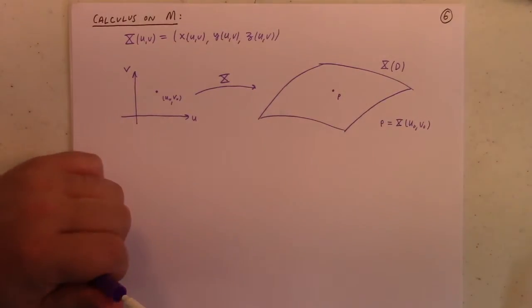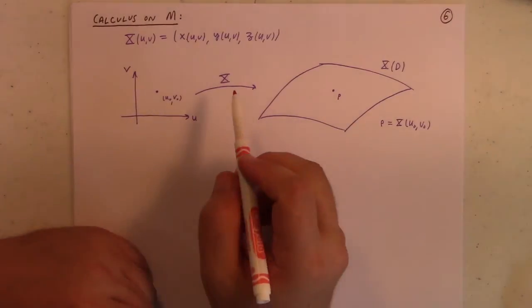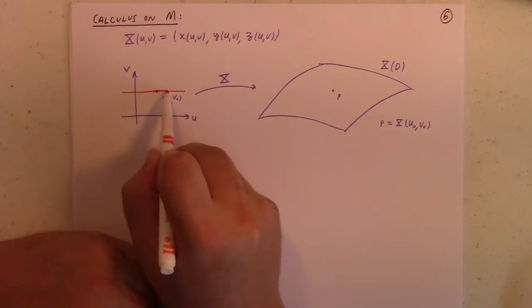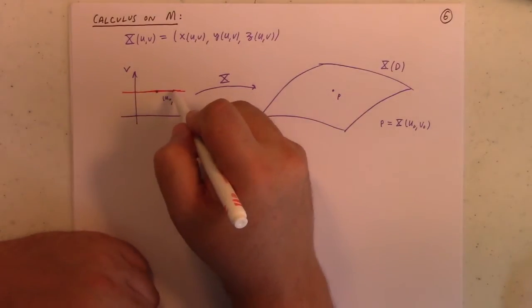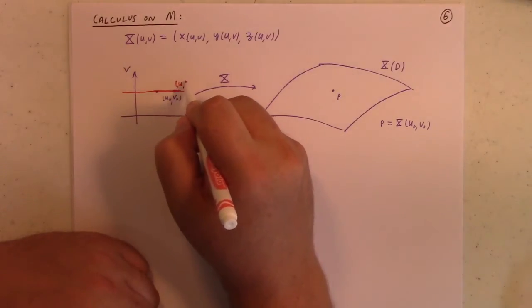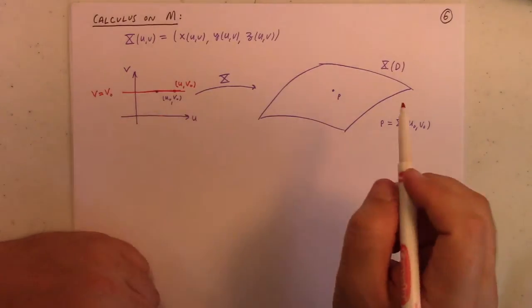And then we can consider horizontal and vertical curves in the parameter space. So a horizontal curve, something like this, right? And so a point on that curve would be something like u comma v naught. In other words, v is equal to v naught on that line.